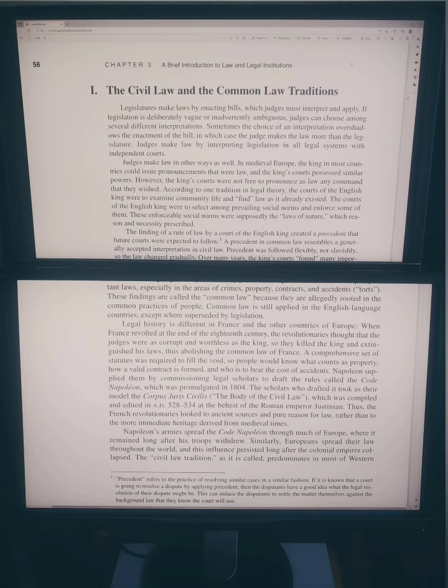Thus, the French revolutionaries looked to ancient sources and pure reason for law, rather than to the more immediate heritage derived from medieval times.